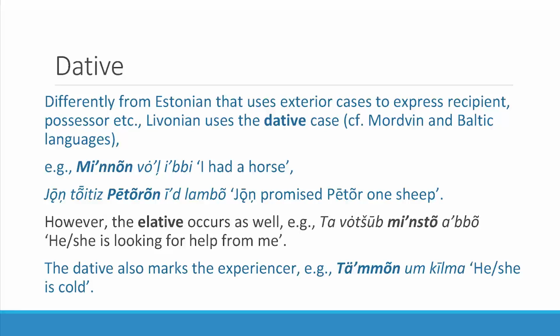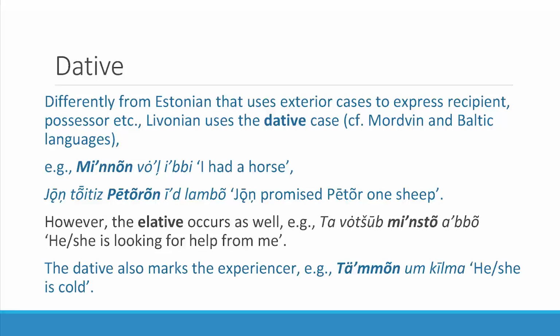So about dative. When Estonian uses these exterior cases to express a recipient or possessor or experiencer, then Livonian uses the dative case. And this is something that is also used in, for example, Mordvin and in Baltic languages.